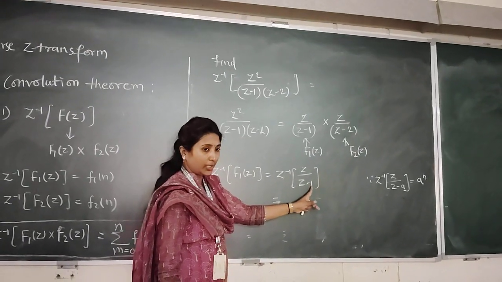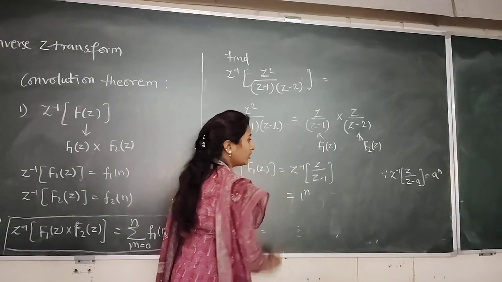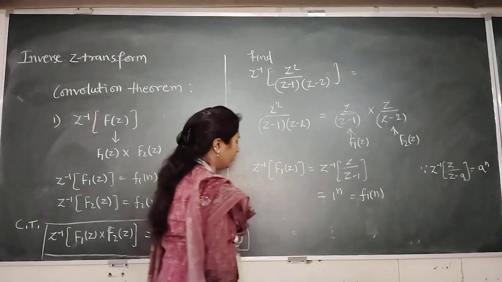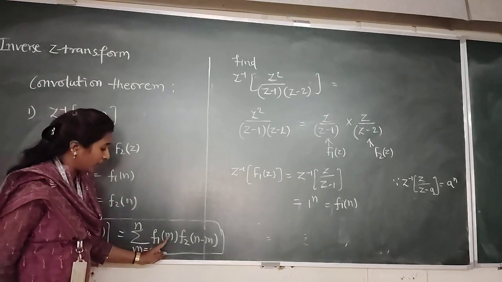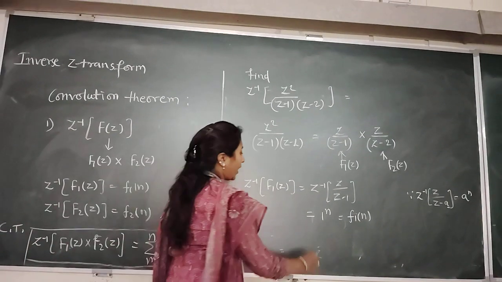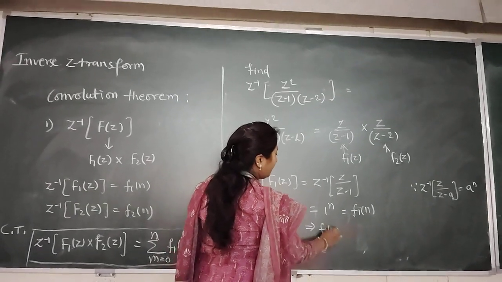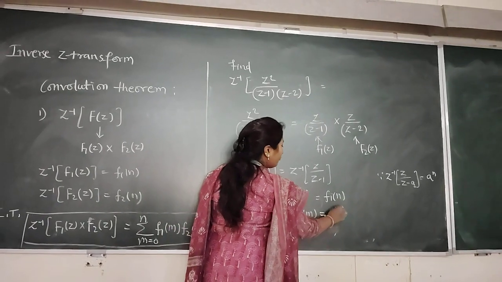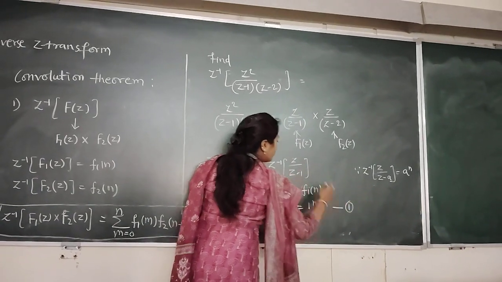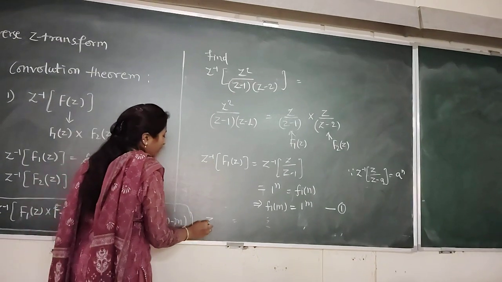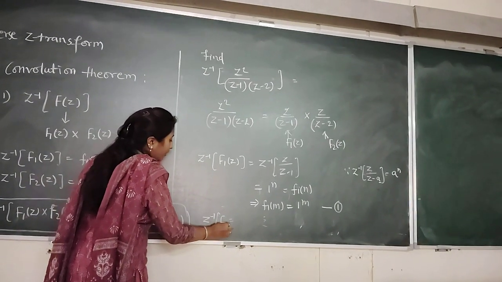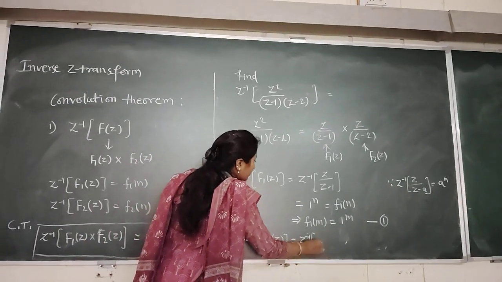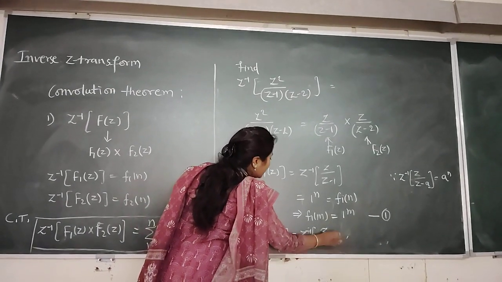So similarly, if we are using the formula, a is equal to 1. So 1 raised to n, and it is f1(n). We have to use the formula in terms of m, so f1(m) is equal to 1 raised to m. Now the second one, Z inverse of F2(z) is equal to Z inverse of z upon z minus 2.